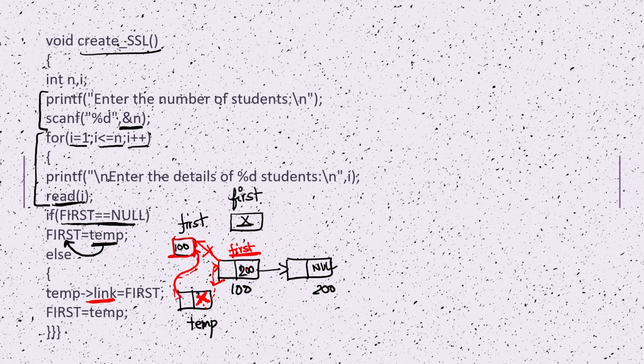So temp's link should contain first, and whatever temp you have, because you have inserted at the very beginning, that should be assigned to first. That is how the front insertion takes place. So this is to check if your linked list is empty. If it is, whatever you insert will be the very first node. If it is not the case, then you will have to carry out these two steps.